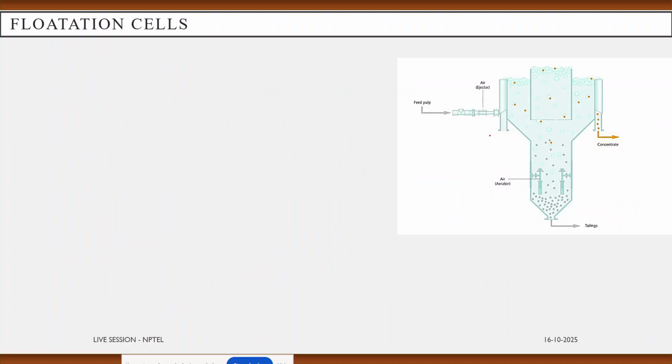Next one is the pneumatic flotation cell. Here you can see the air aerators are present, through which high pressure air is bubbled up.